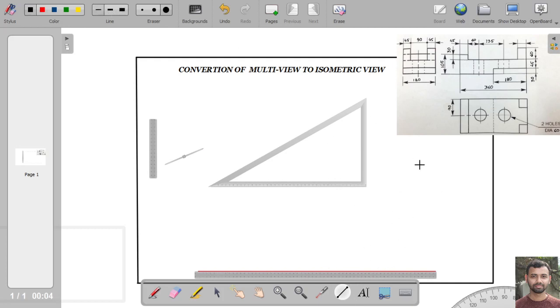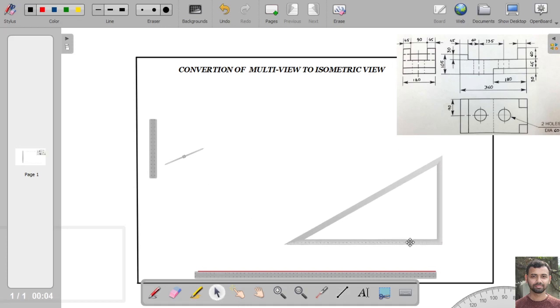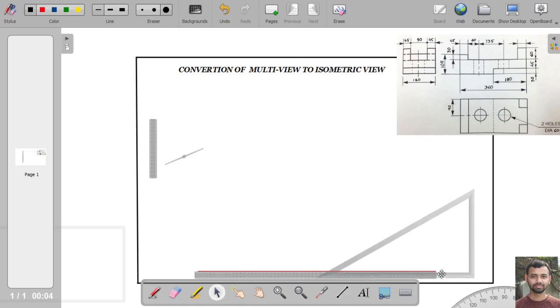Now to draw the isometric axis, we can take help of set square. So all of us have the 30° set square, so we can take help of this 30° set square, and we can draw the isometric axis. So at first we are drawing the x-axis. So this is the x-axis.